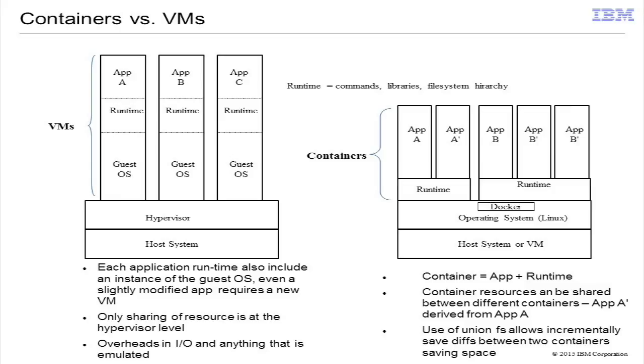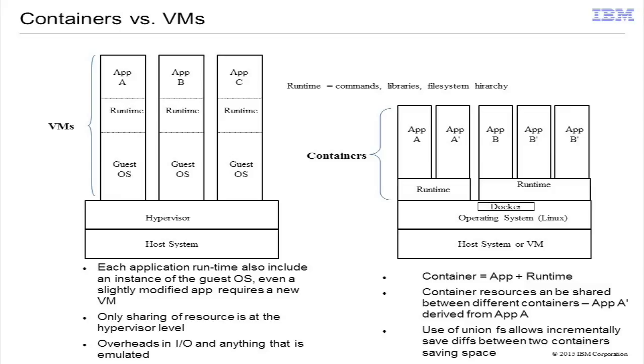Now, each application runtime includes an instance of the guest OS, and even a slightly modified application requires a brand new VM. The overhead in I/O and everything is emulated, so there can be substantial overhead on an application when you run it on a VM.